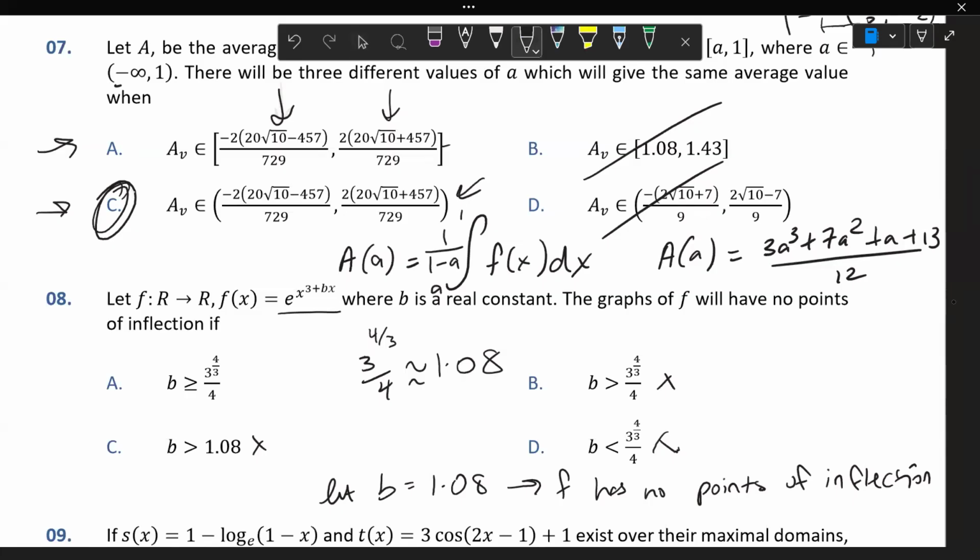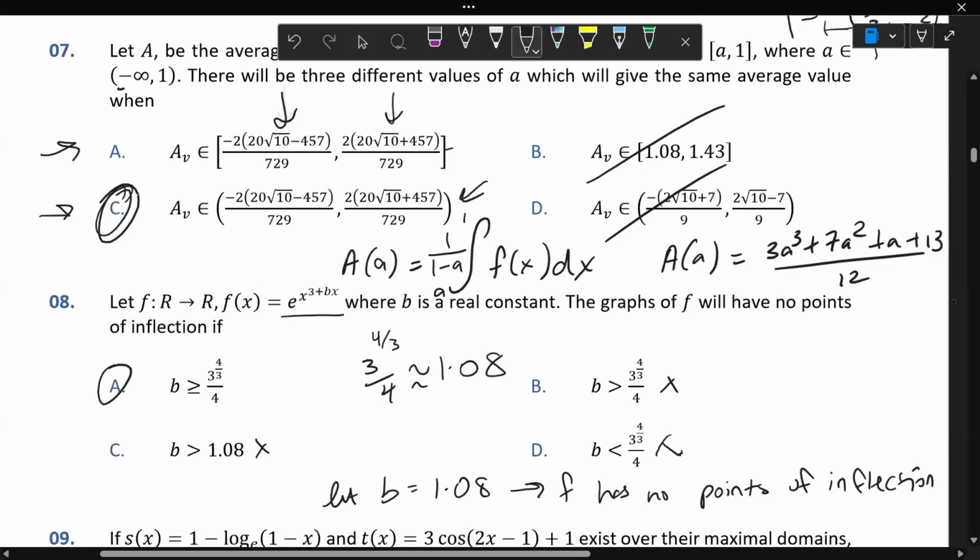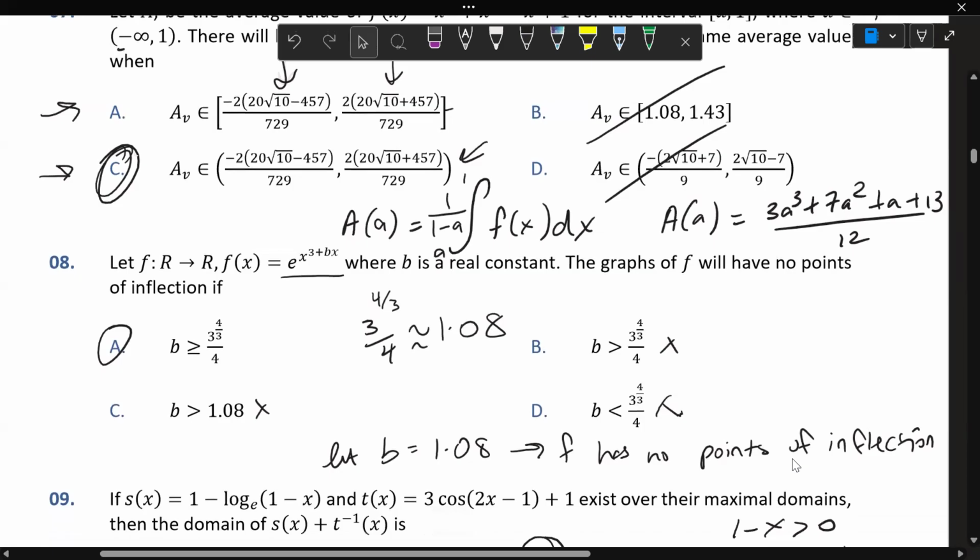So it has to be A. Does anyone have any other questions or want me to explain how I got this for question A?